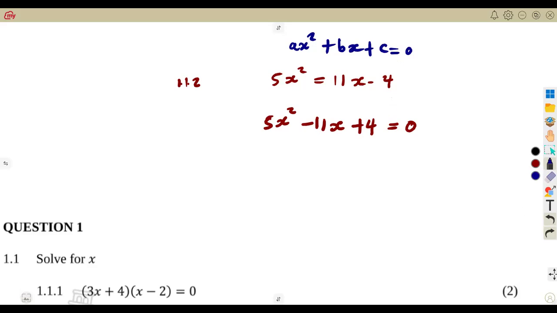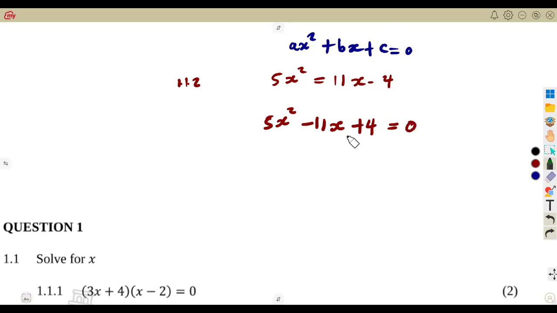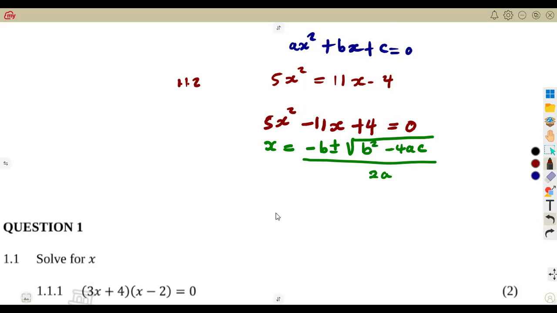So I'm going to use the quadratic formula. For those who are interested in using the completing the square method, you can use that. I talked about it as an introduction. All right, so from our formula, x is equal to minus b plus or minus the square root of b squared minus 4ac, everything over 2a. Remember, the division affects everything.